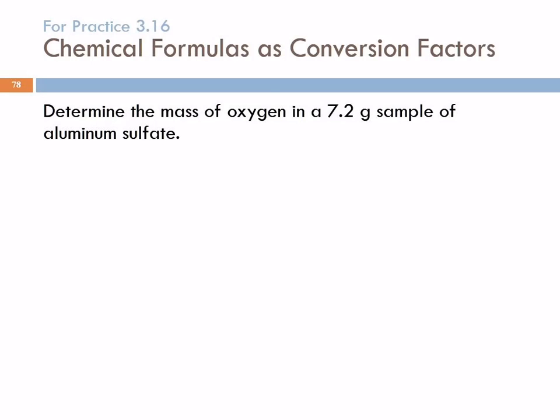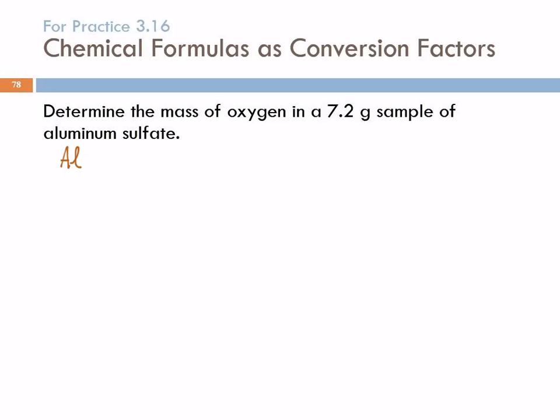What's one thing we have to figure out before we can start this problem? We need the molar mass of aluminum sulfate, but before we can do that, we need the formula. What kind of a compound is aluminum sulfate? It's ionic because it starts with aluminum. So to find the formula, we have to write the formulas for the individual ions. So we've got aluminum.